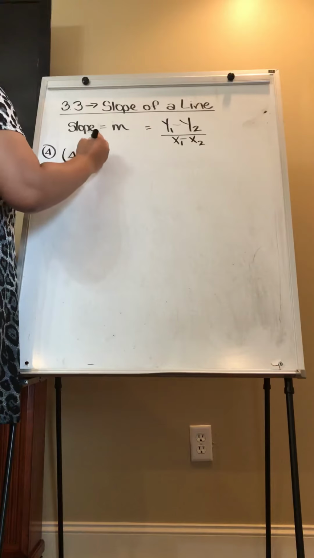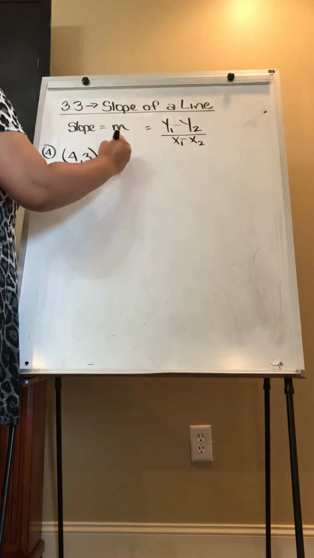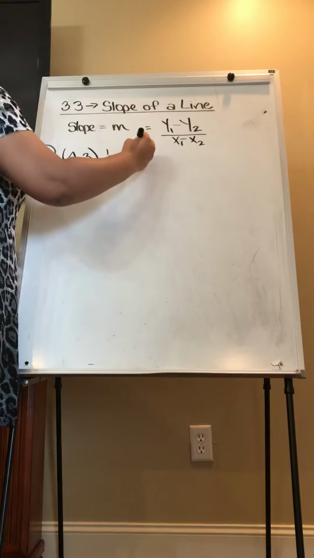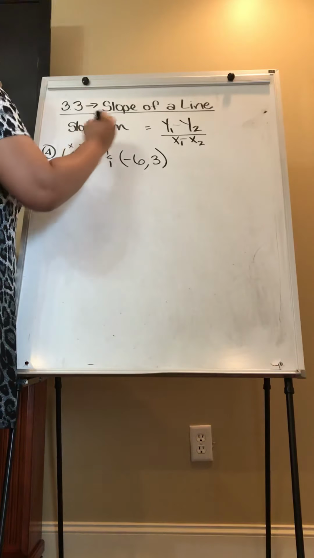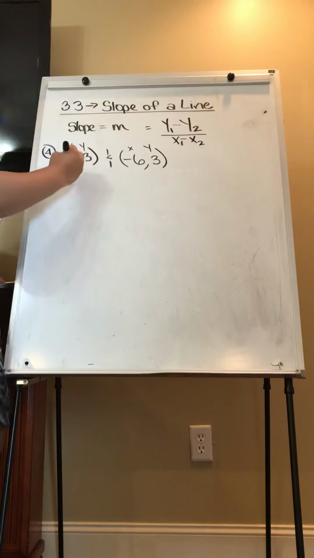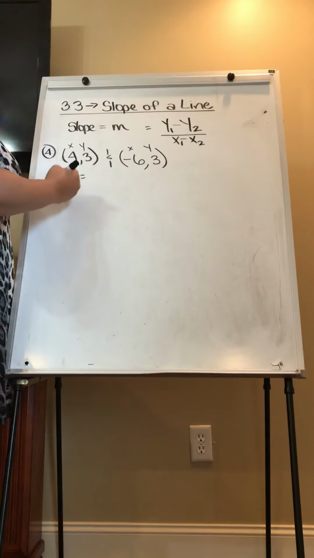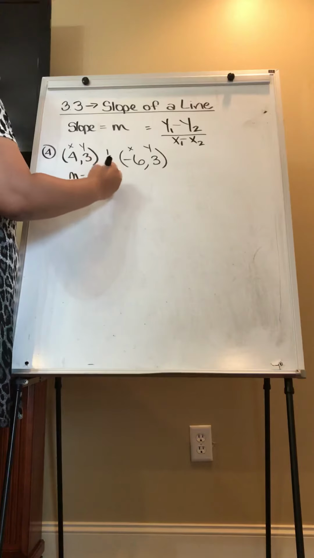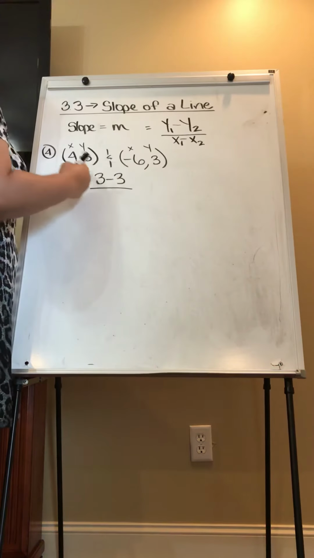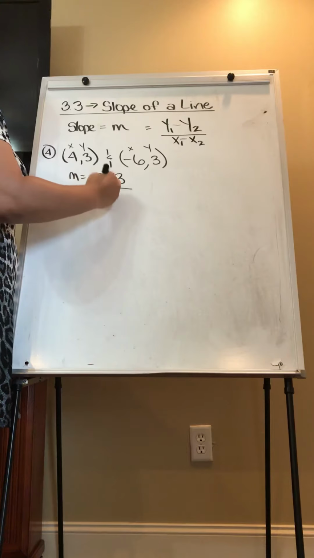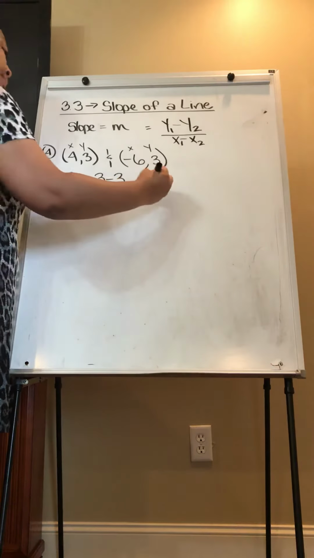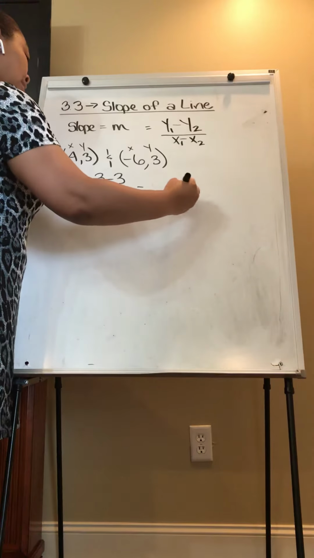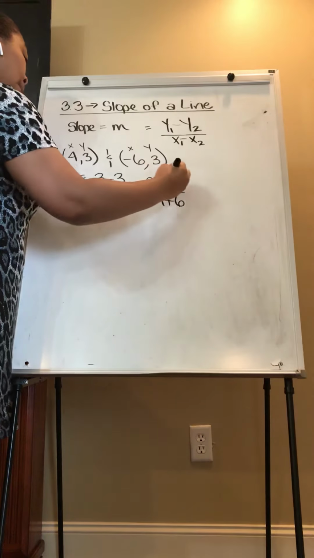Next, we have 4, 3, and negative 6, 3. And we're finding the slope. So on top, we have our y's, 3 minus 3, over our x's, which would be 4 minus a negative 6, which we know will give you 4 plus 6 on the bottom.